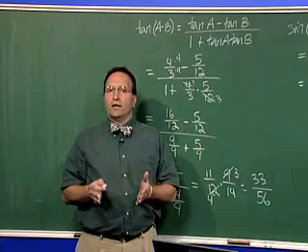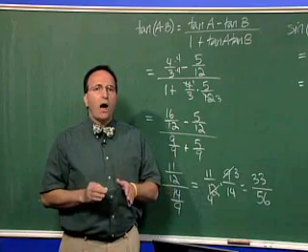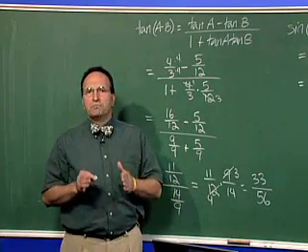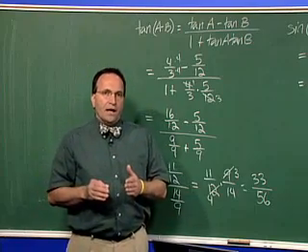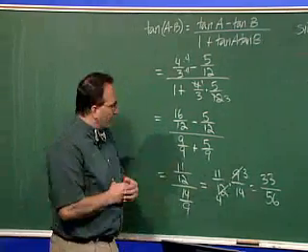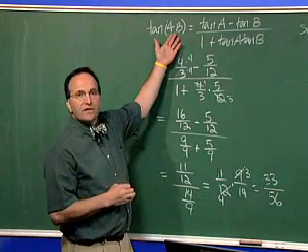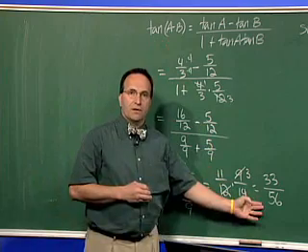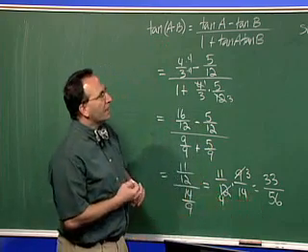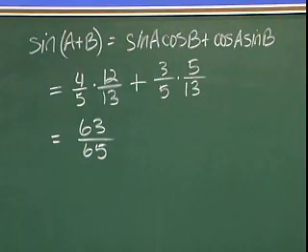Now, the last parts were to find the quadrant in which A plus B and A minus B are. Now, if we look back to everything we've done here, the tangent of A minus B turned out to be a positive number. And when we calculated the sine of A plus B, it turned out to be a positive number.